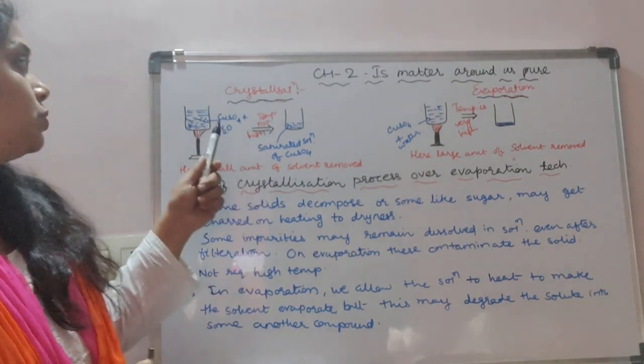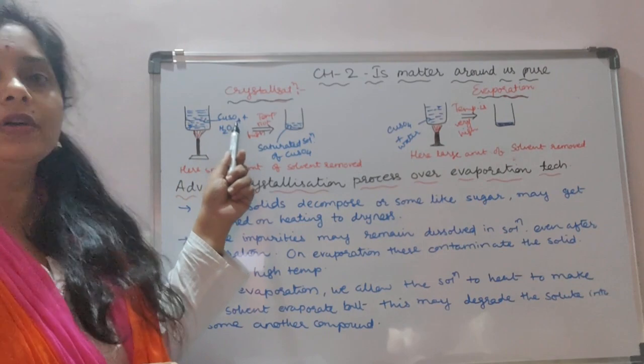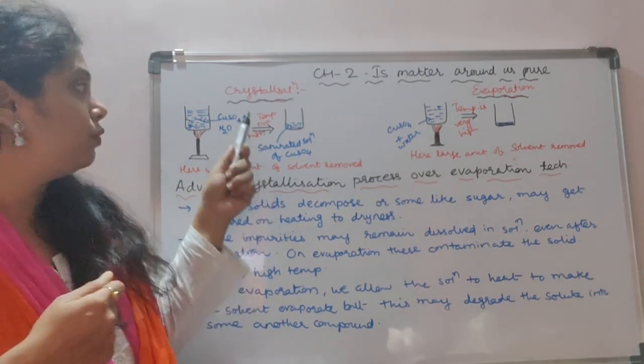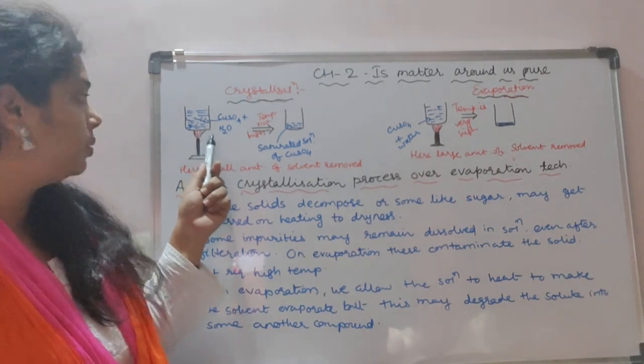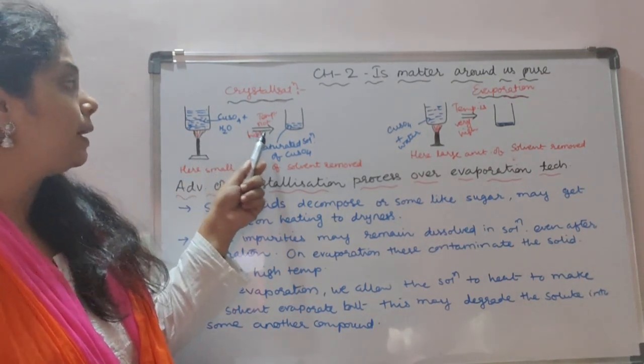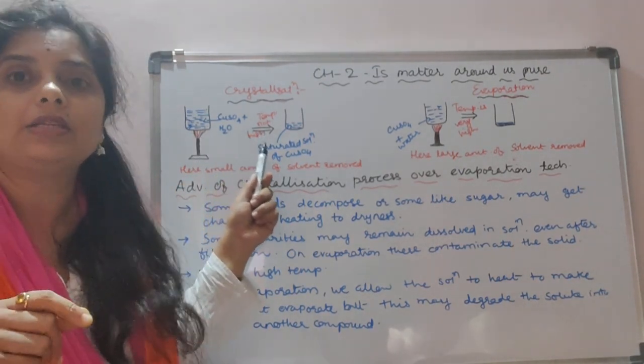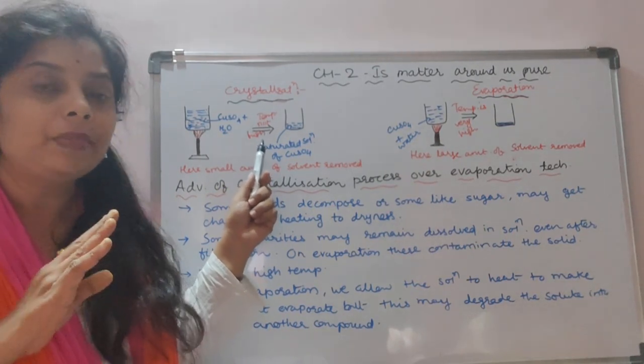Let's see. Whatever impure CuSO4 we have, we dissolve it in water, and we heat it on the burner. The temperature in the crystallization process is not very high.